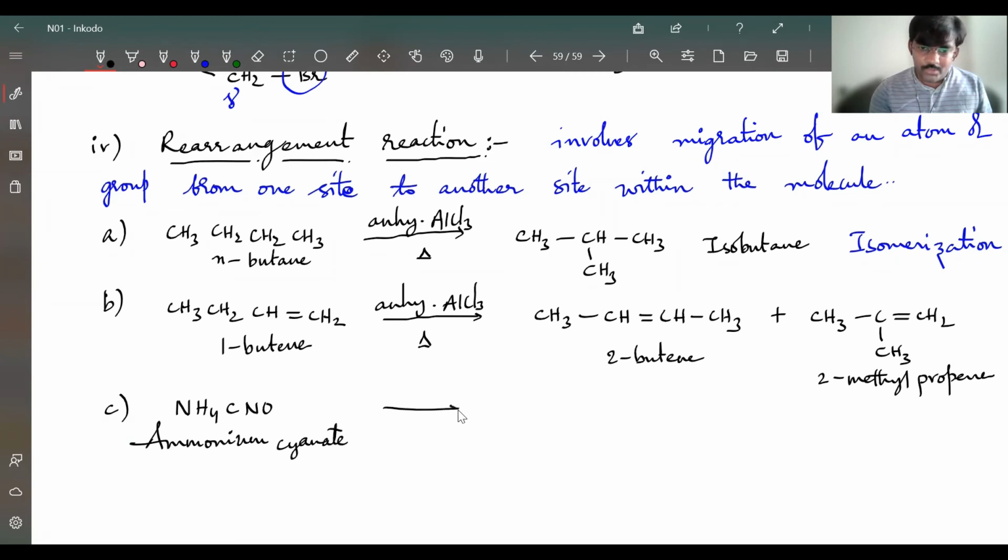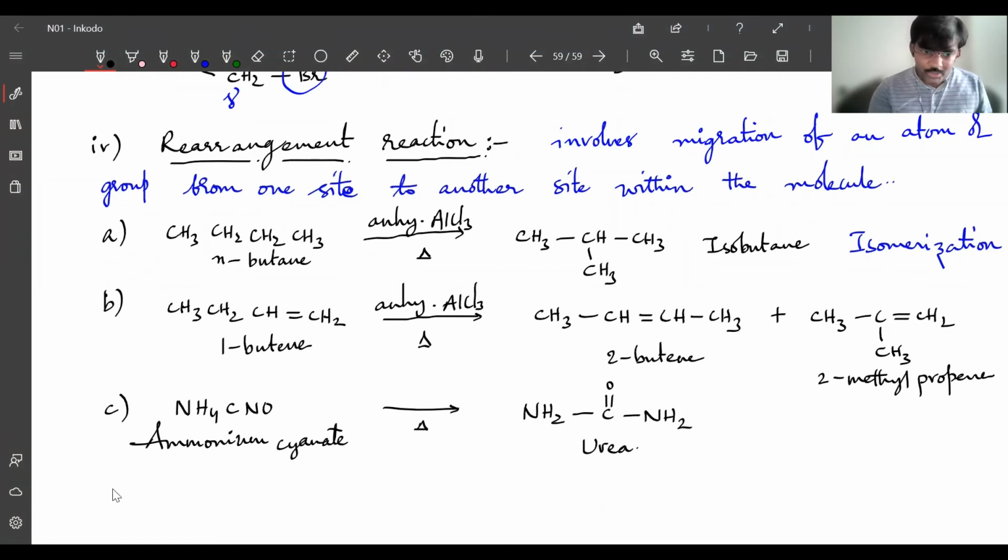It will convert into NH2CONH2. That means a rearrangement has taken place. So now it becomes urea. Ammonium cyanate after rearrangement becomes urea. So that is also one of the important examples we have.